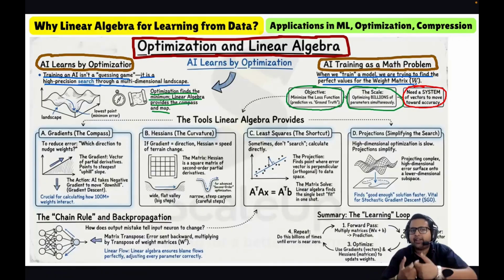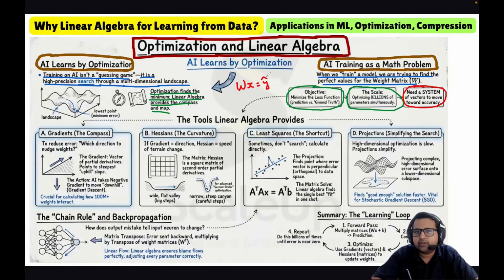Mathematically, training an AI model means finding the perfect values for the weight matrix, which can minimize the loss function. If we have found a perfect weight matrix and multiply it with the input vector, whatever predictions we get will be very close to the real values, the actual values. So that is the objective of training an AI model.